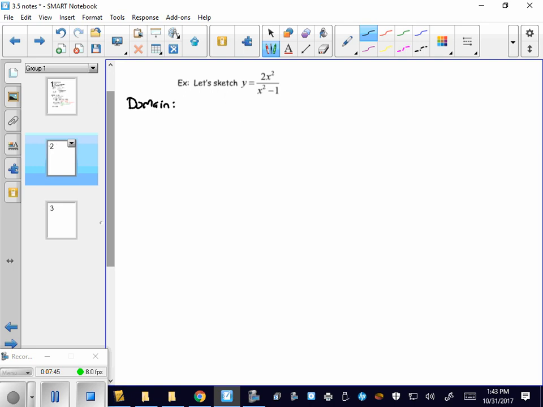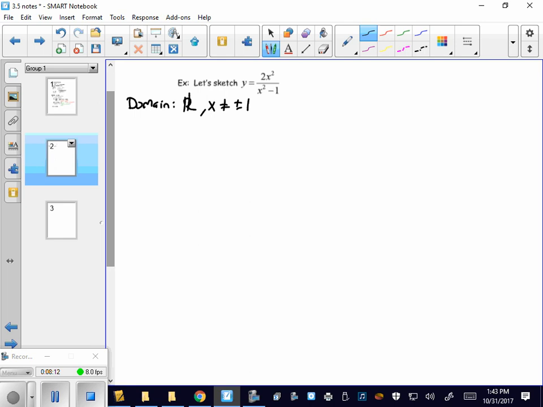Hopefully you guys can see x squared minus 1, positive and negative 1 are going to make the denominator 0. So this is going to be all real numbers except x cannot be plus or minus 1. Now you would probably never really write it that way. You would write out the interval notation. It takes a little bit longer, so I'm not going to do it in this case. But as long as you understand your domain basically is excluding positive and negative 1, that's what we're going for.